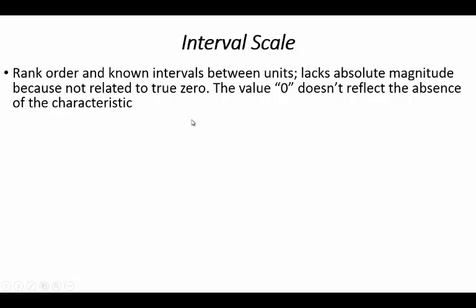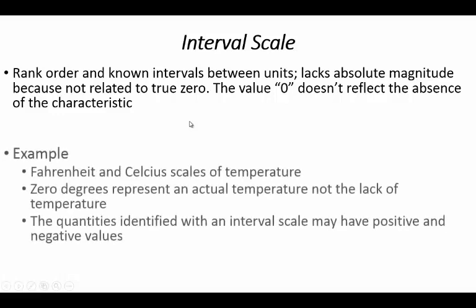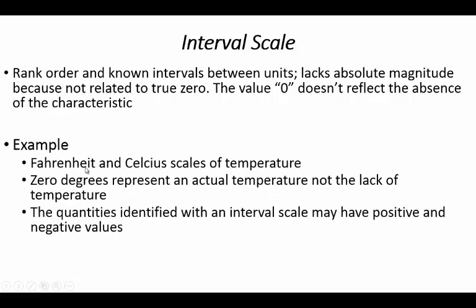The best example to illustrate interval scale is temperature, whether it's Fahrenheit or Celsius. 0 degrees in temperature doesn't mean that there is no temperature. 0, we all know, is the freezing point in the Celsius scale. So in here, the 0 means something. It is not the absence of the phenomenon or the criteria.